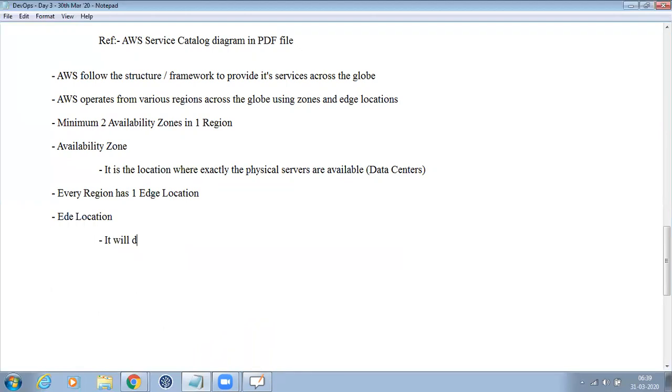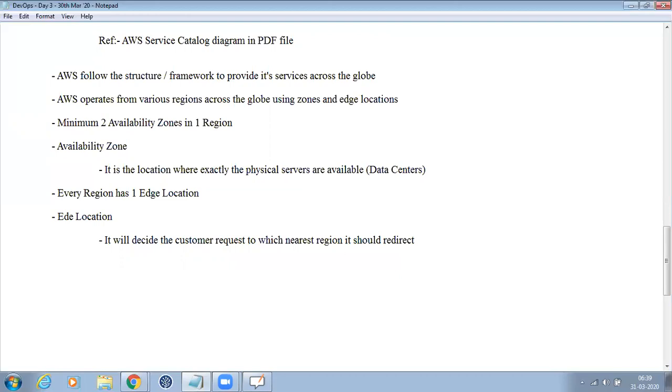It will decide to which nearest region the customer request should be redirected.